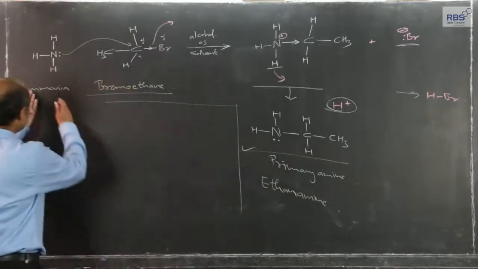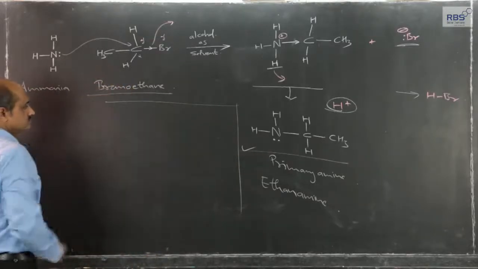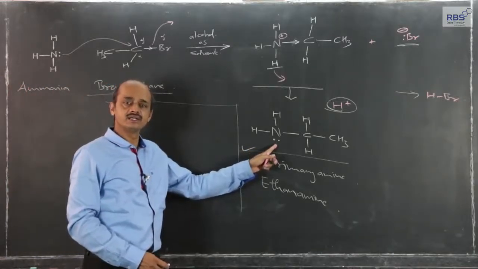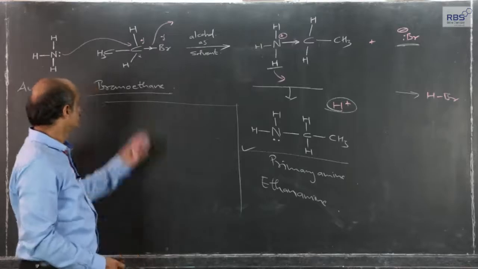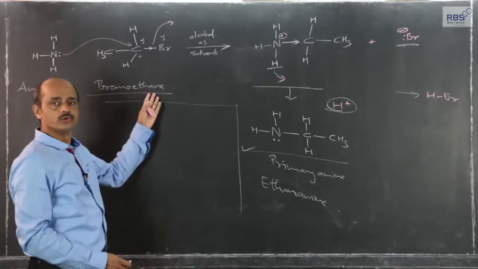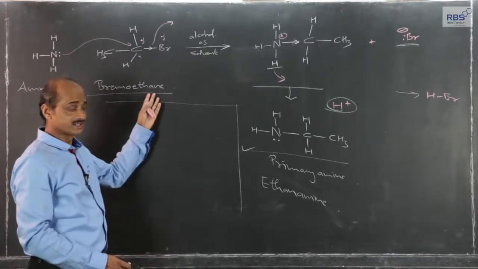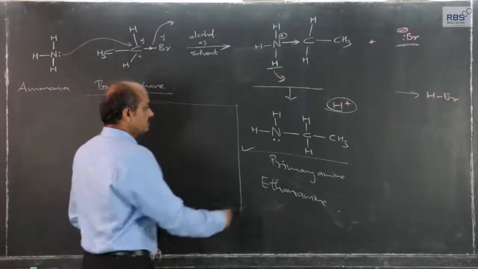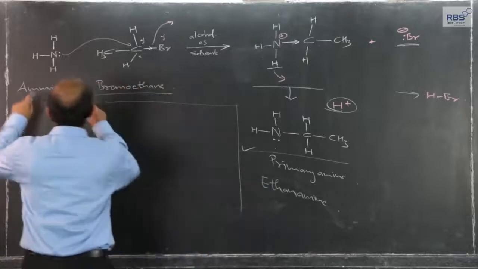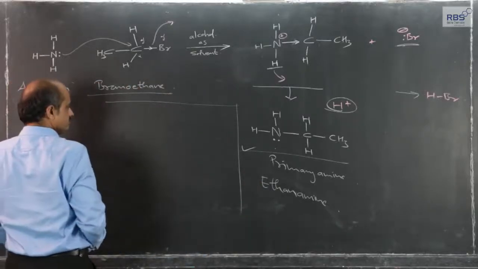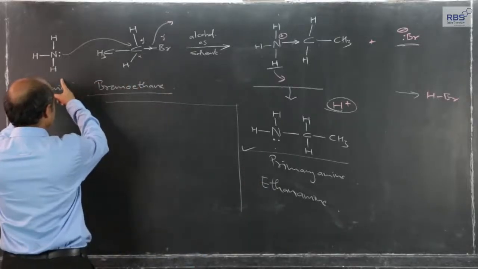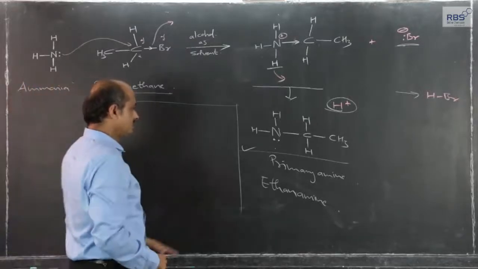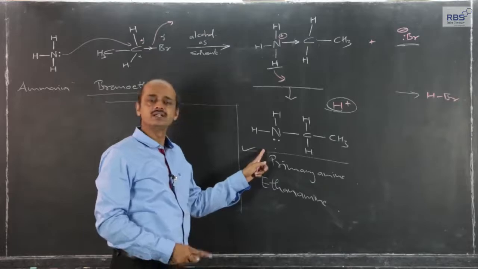Then, like what ammonia had done, in a similar pattern this ethylamine can further react with bromoethane if it is present in excess, but the reactivity of this is more than that of ammonia. The nucleophilic attack tendency of this ethylamine is more.